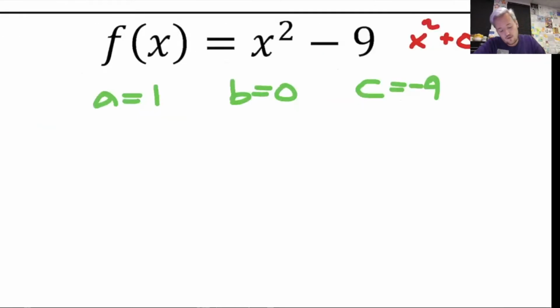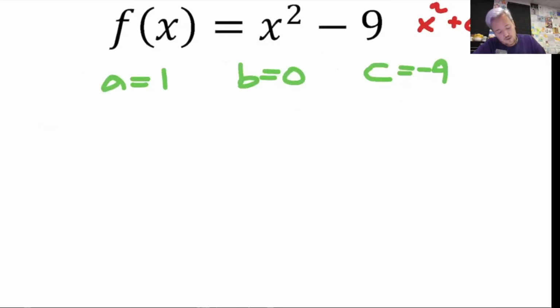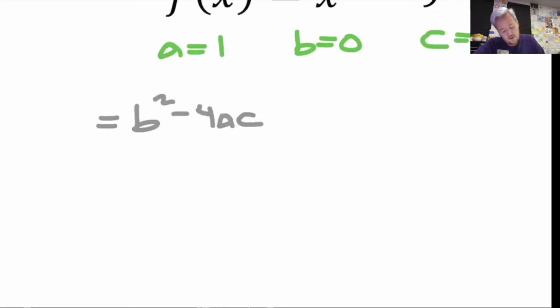All right, so I'm going to go ahead and plug into the discriminant. So that is b squared minus 4ac. I'm going to plug in each value. So b squared, so 0 squared, minus 4 times my a value times my c value.